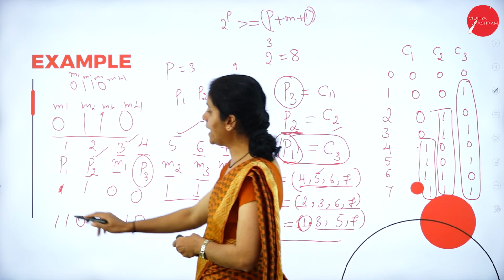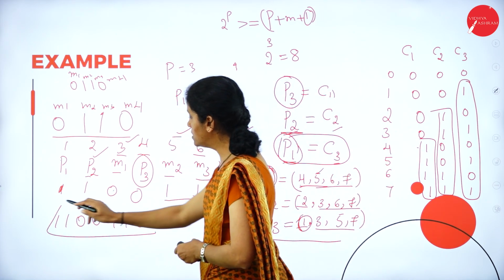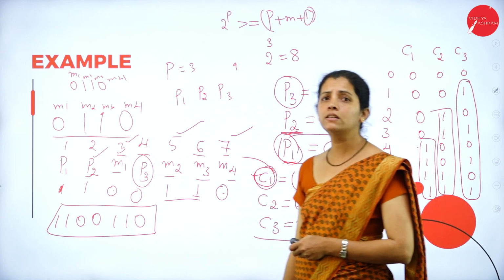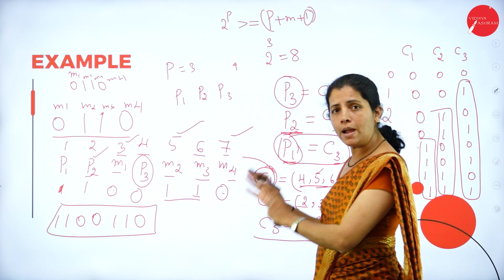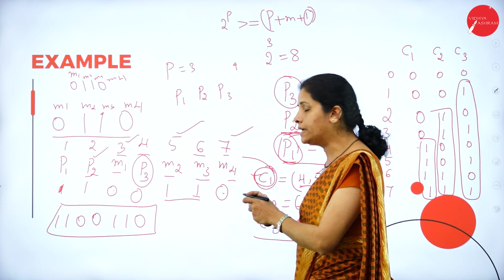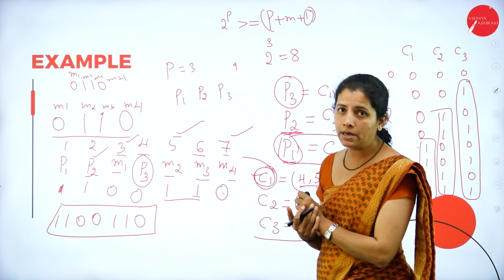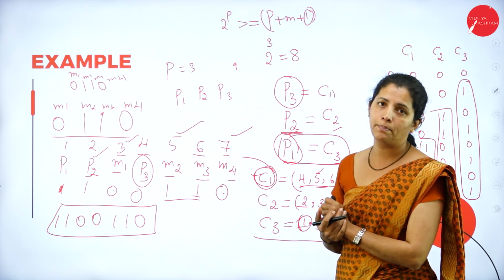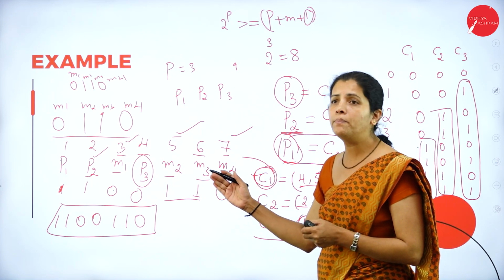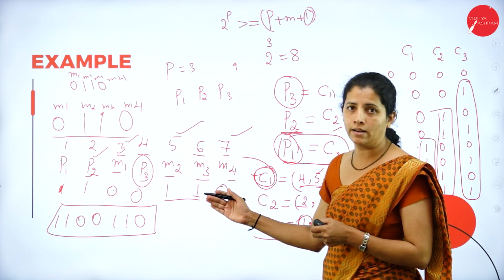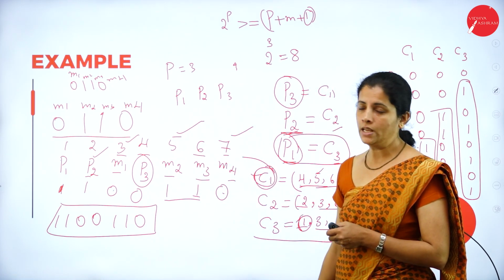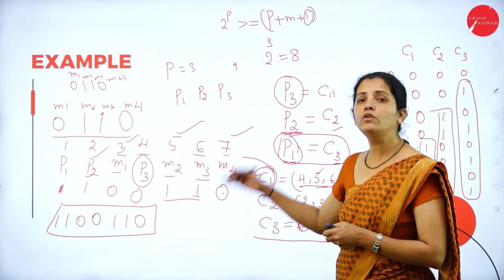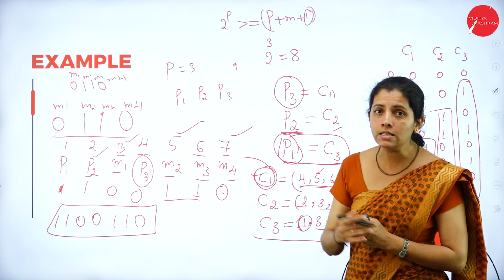Now I'm going to send this to the receiver. And at the receiver side, if the receiver receives the same data, then it indicates that the data bits are not corrupted. If any one of the bits gets corrupted, if any one of the bits gets changed, then I want to find out which bit is corrupted.